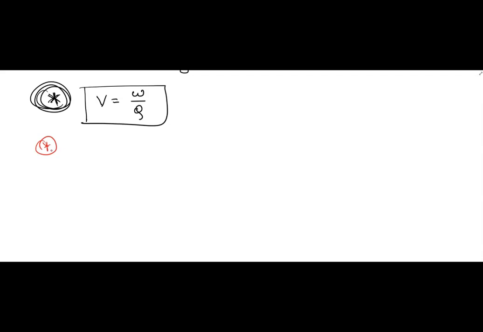Write the components which are used in it. As I have told you, the components are cell, battery, bulb. Those are the components we use to make the electric circuit.